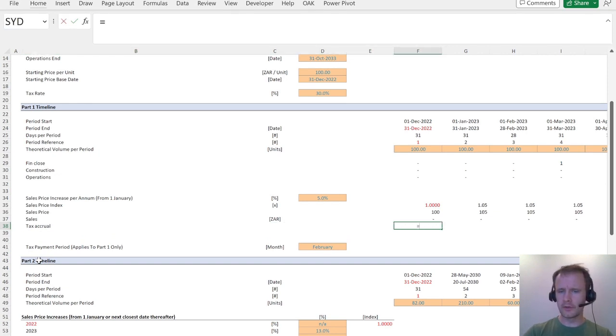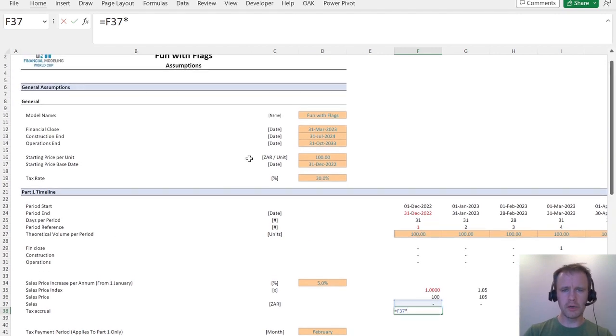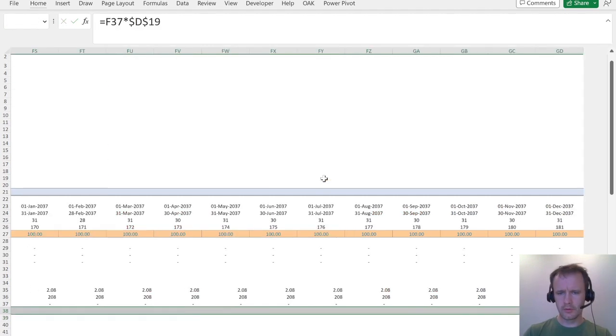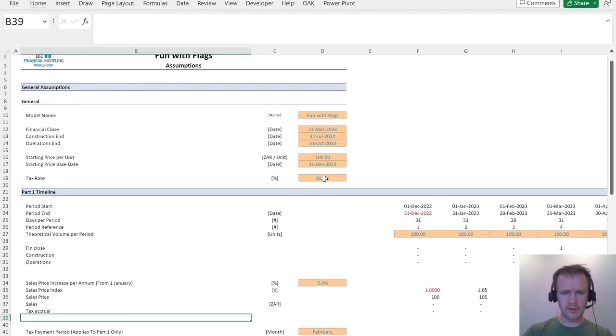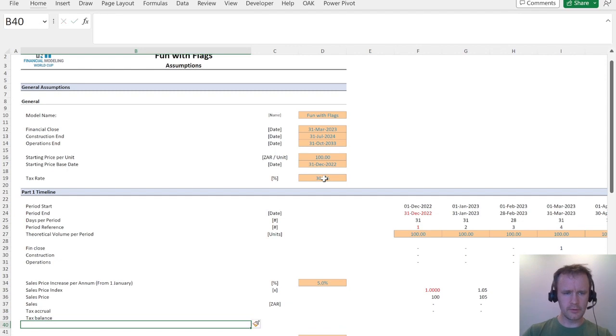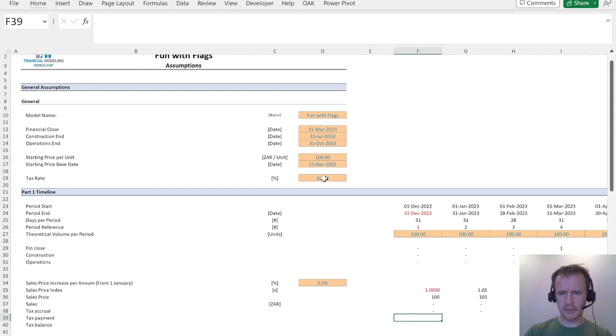And it's going to be, I guess we don't need a sign. This times tax rate here. Good. Tax payment and tax balance can be last.